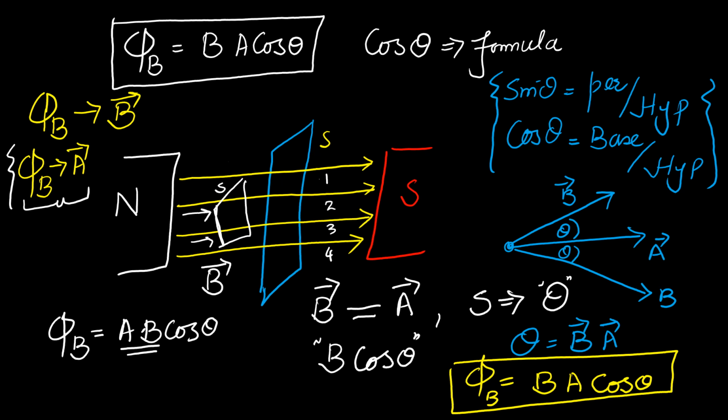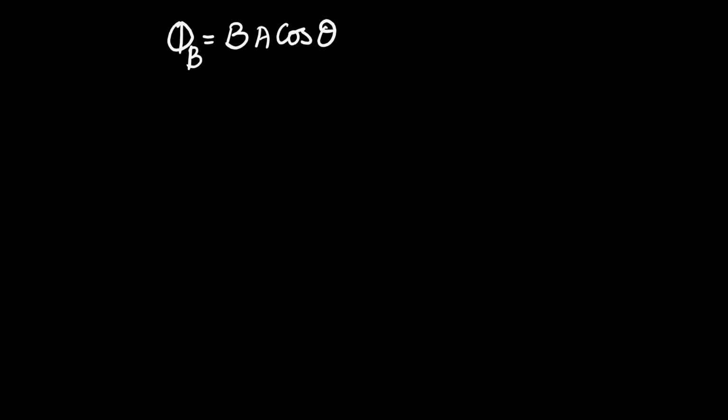Another key point to notice is the angle between magnetic field lines and area vector A. So now student, if the angle between area vector and magnetic field B is 0, then in such a situation magnetic flux phi B, as you know, is B into A cos of theta.